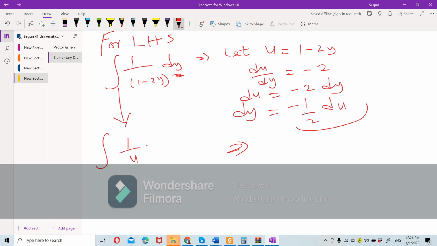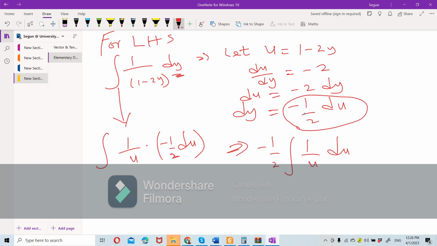The dy is here. Substitute it. Am I right? Which is equal to -1/2 outside, the integral of 1/u du. Any question?